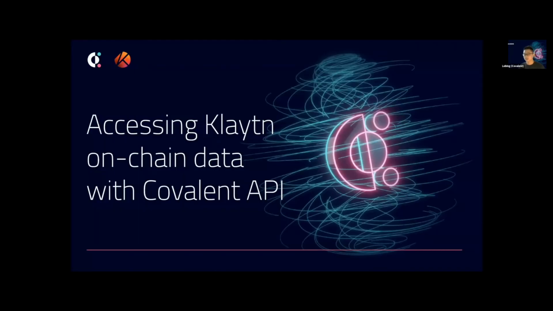So let us take you through one example of how we can access Klaytn on-chain data with Covalent API. With all these tools, it is simply for you to make your life easier. How you want to integrate this into your dApp, it's obviously a metric and a calculus that you would need to be making as a dev. Each have its pros and cons, obviously.